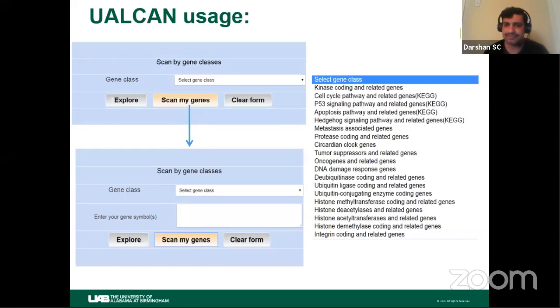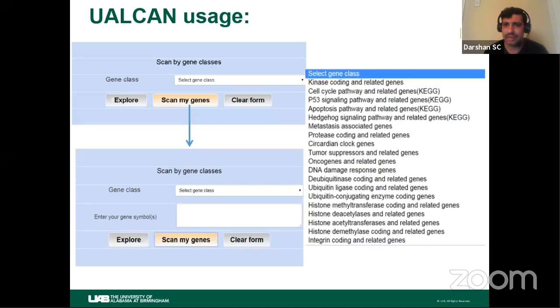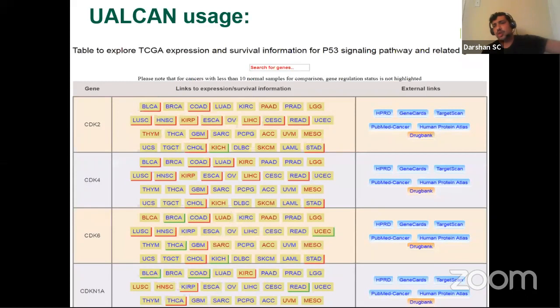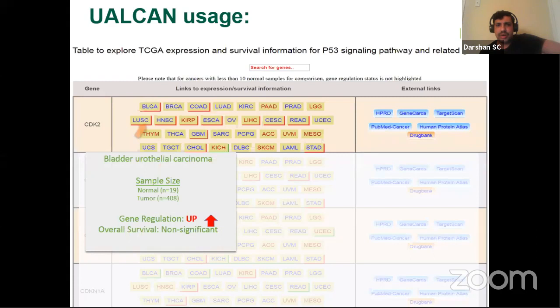So the user can select any of these pathways and query all the genes associated with that particular pathway. For example, I'm showing you the P53 signaling pathway, which is very well associated with cancer. The user will be presented with a huge table where each gene involved in that pathway is listed, and for each gene we provide a multitude of buttons.